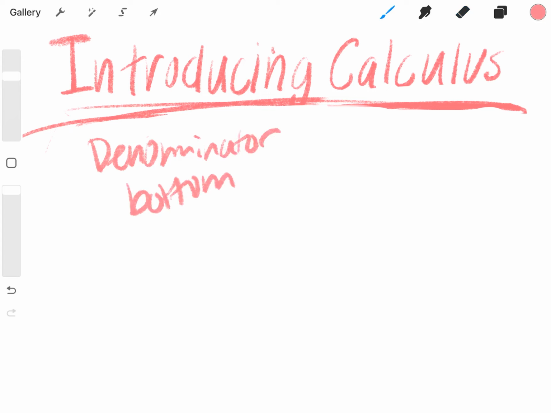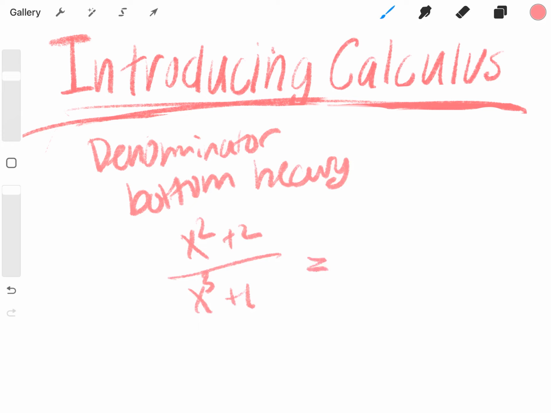For a function with a numerator and denominator, there's a horizontal asymptote of 0 if it's bottom heavy, or the denominator grows faster. So let's say you have x squared plus 2 over x cubed plus 1. X cubed is bigger than x squared, so it approaches 0. If it's top heavy, that means the function goes to positive or negative infinity, so it's unbounded.